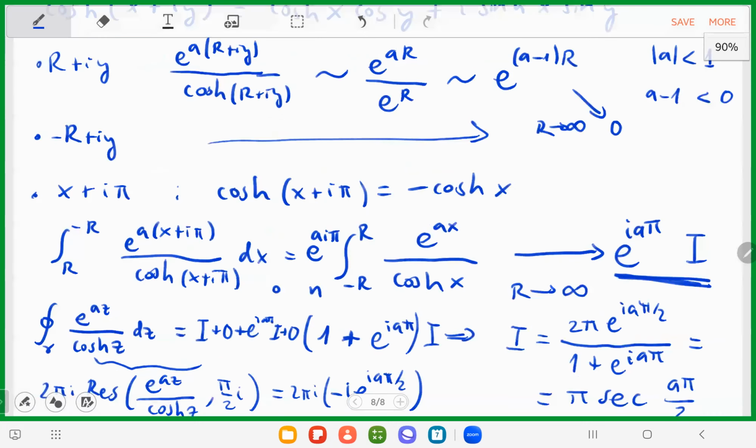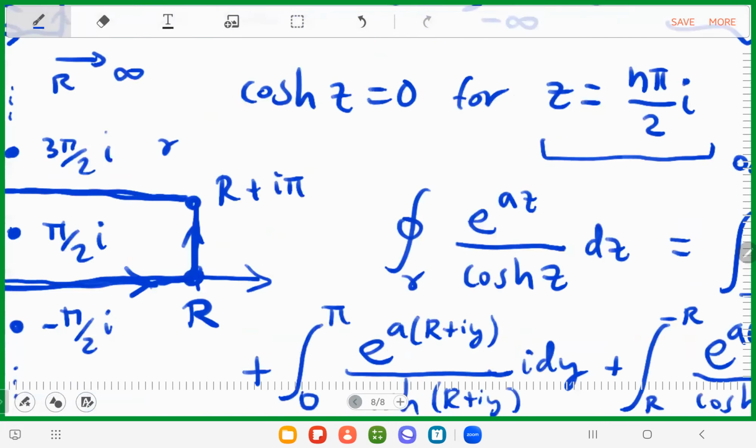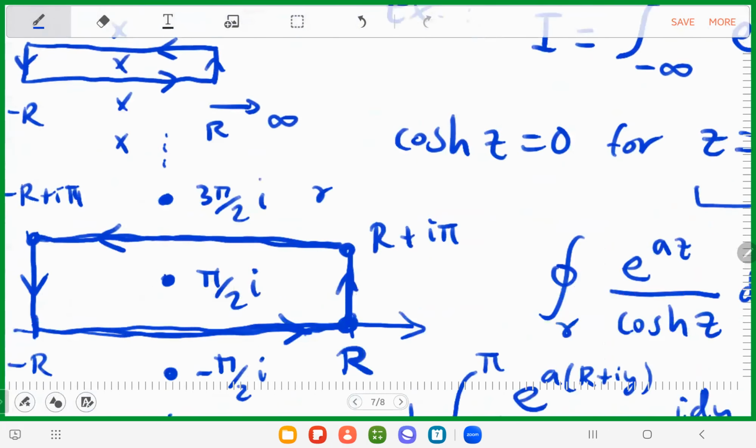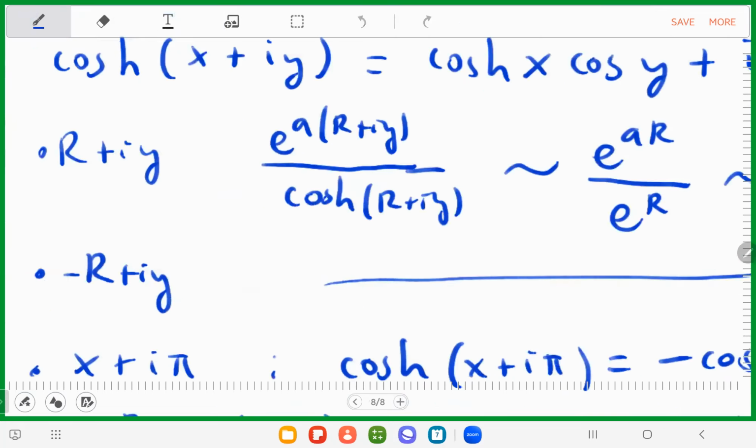So we have two pieces that are related. This piece gives me an I, and this piece gives me that constant times I. And the other pieces give me 0.